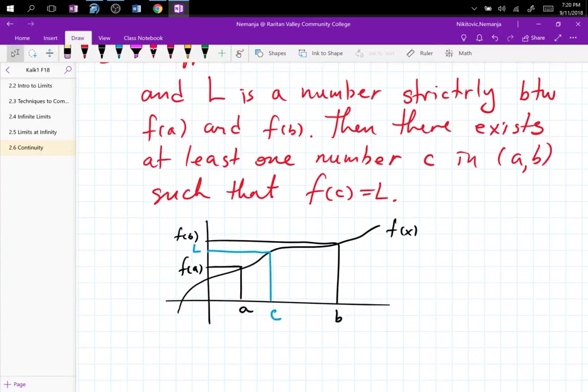So how is this important? Well, it's important if you shift the function down to the point where L collides with the x-axis. So the answer is 0.